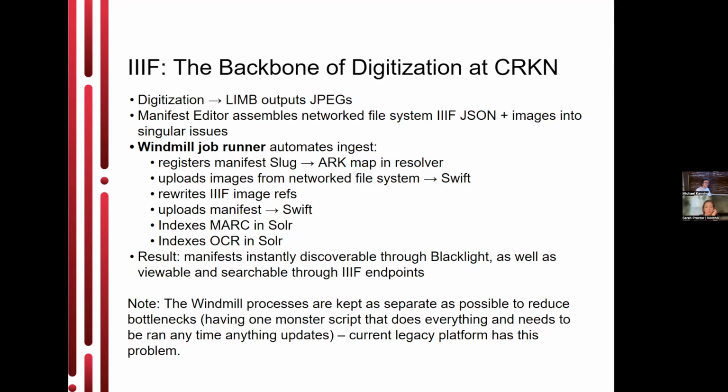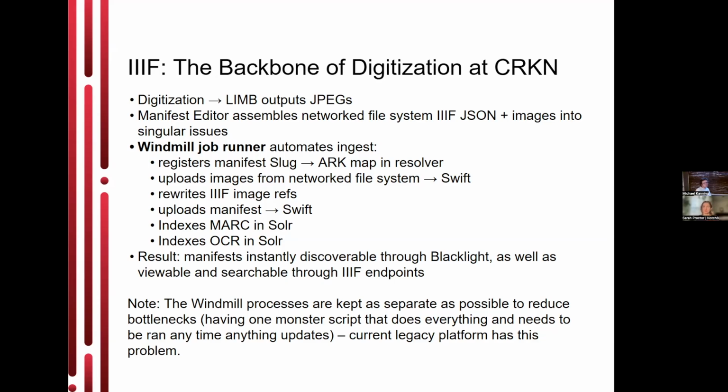Then from there, we have a manifest editor tool that we've worked with Digerati on that the catalogers actually use to essentially take those images and bind them into a manifest. So a lot of the times our items come in as big microfiche reels or just combined as archival material.